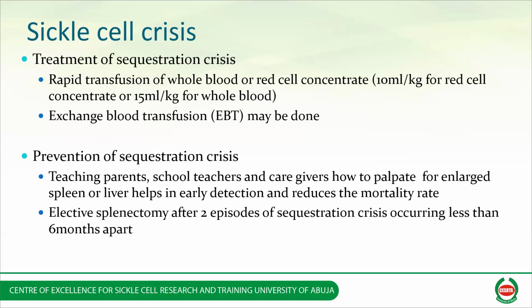Treatment of sequestration crisis includes rapid transfusion of whole blood or red cell concentrate, 10 mils per kg for red cell concentrate or 15 mils per kg for whole blood. Then exchange blood transfusion may also be done, but there should be caution here. The transfusion should be in aliquots.